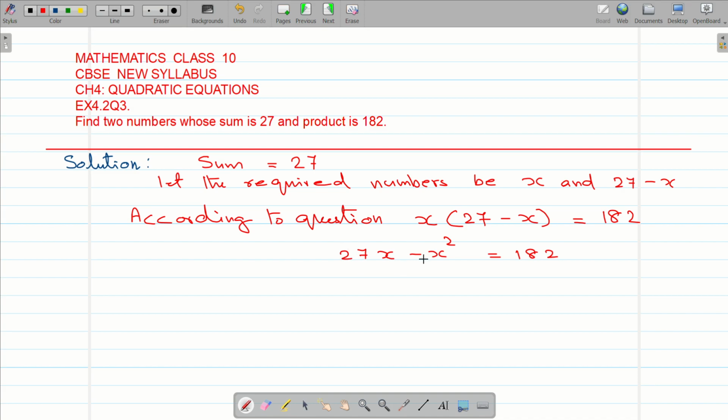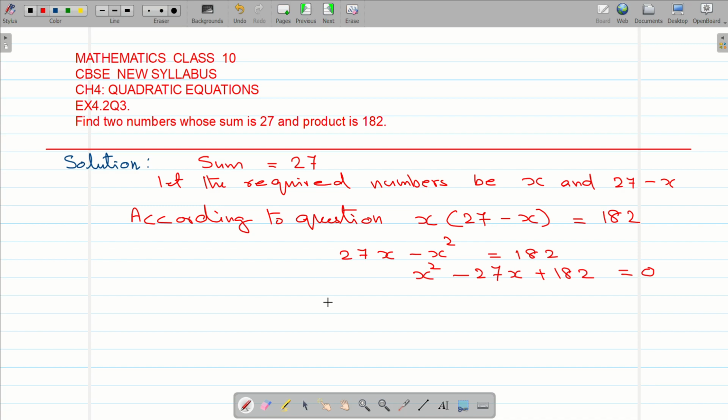Now transferring all the terms to the right hand side, you get 0 is equal to x squared minus 27x plus 182. Try to keep the first term always positive while doing the calculations. So we get the quadratic equation x squared minus 27x plus 182 is equal to 0.